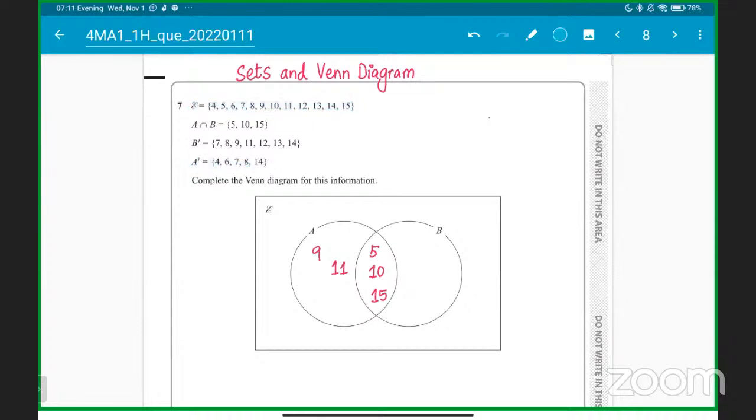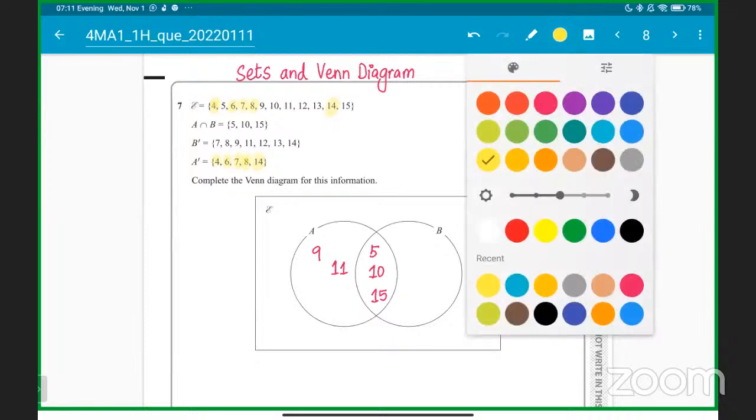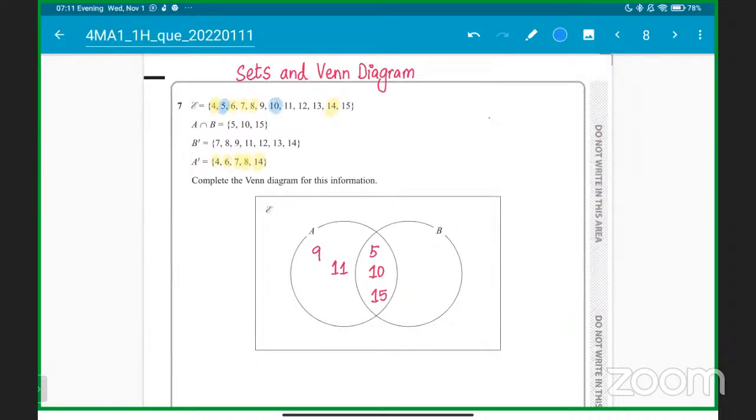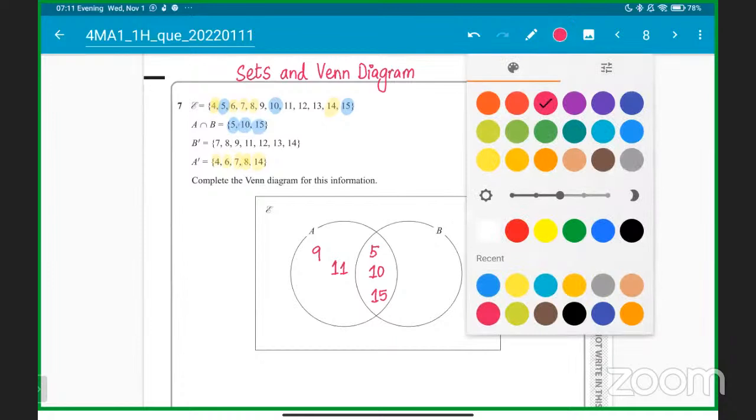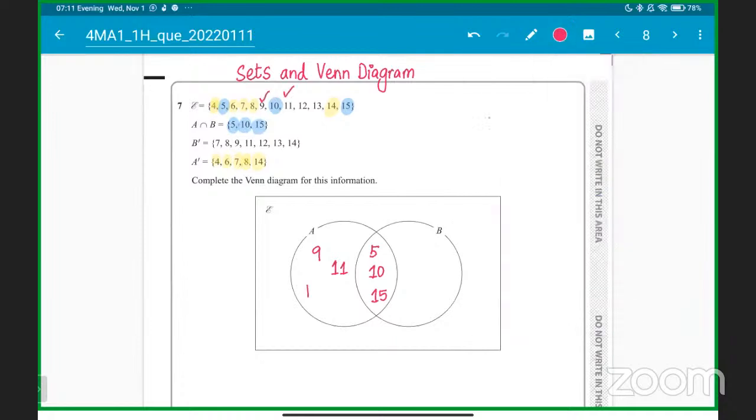Those that are matching will not be taken into account: 4, 6, 7, 8, and 14. The common ones, 5, 10, and 15, which are the intersection, will also be set aside, and all the remaining ones are part of A. So 9, 11, 12, and 13 are the A values.